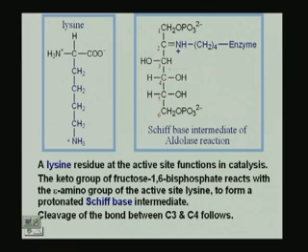The enzyme has a lysine residue, and the epsilon amino group of the lysine interacts. Where is this lysine? It's in the active site of aldolase. It interacts with the keto group of fructose 1,6-bisphosphate and it breaks it up. Okay, there is cleavage between carbon atoms 3 and 4.